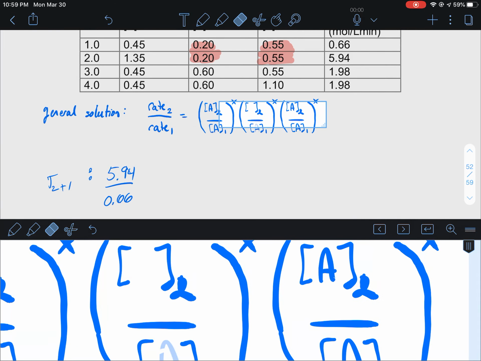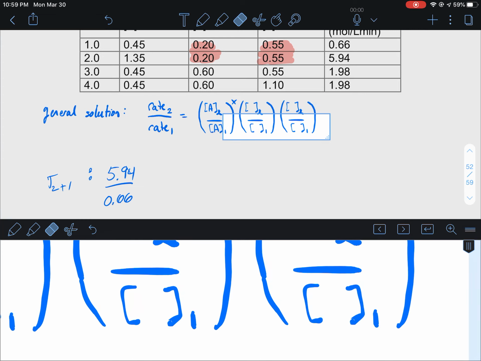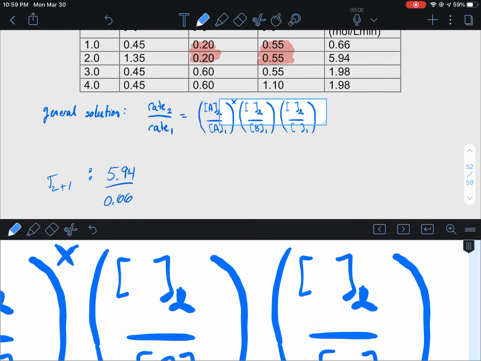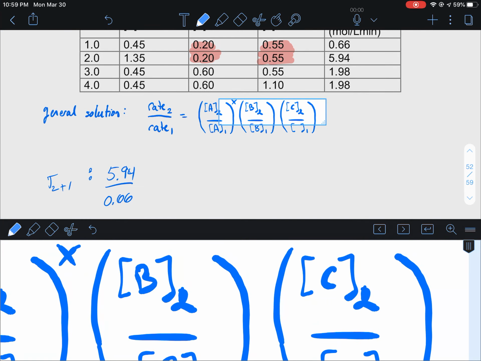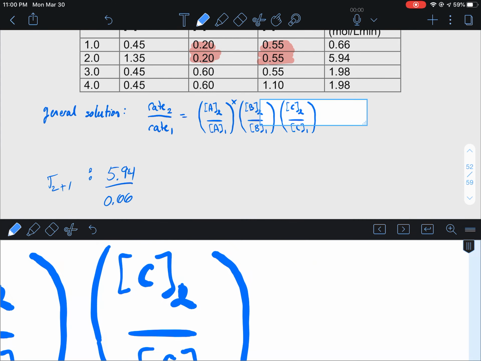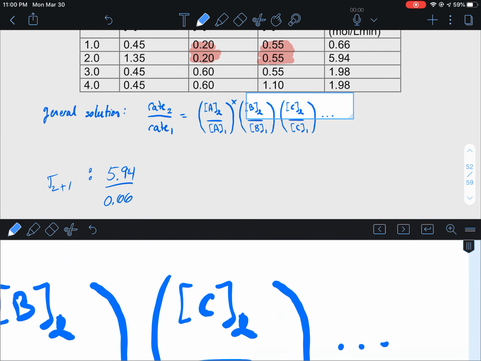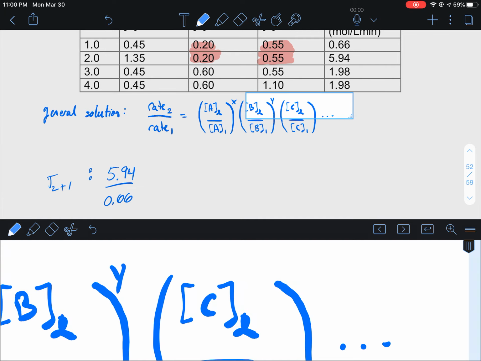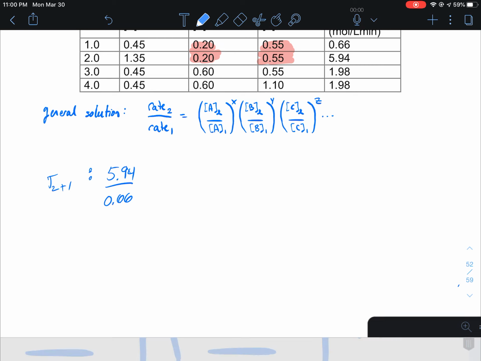I'm just making something that you could use for any problem whatsoever. So this one would be B and B and C and C. You could even put, if you had more, this is Y and this is Z, etc. Not too many reactions have more.